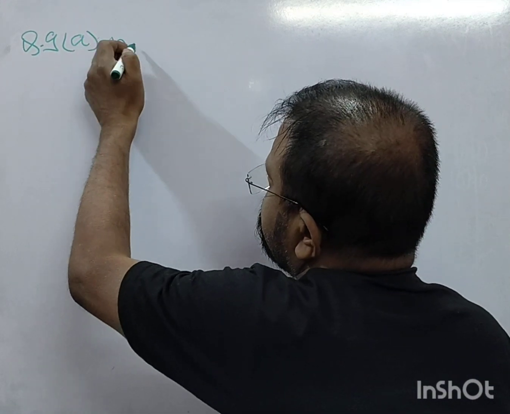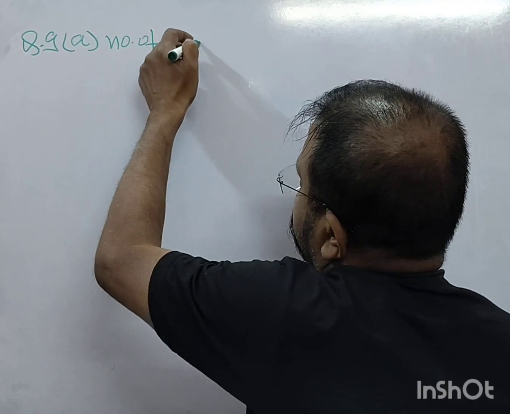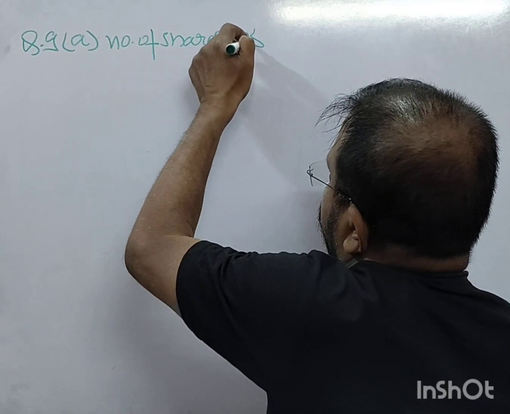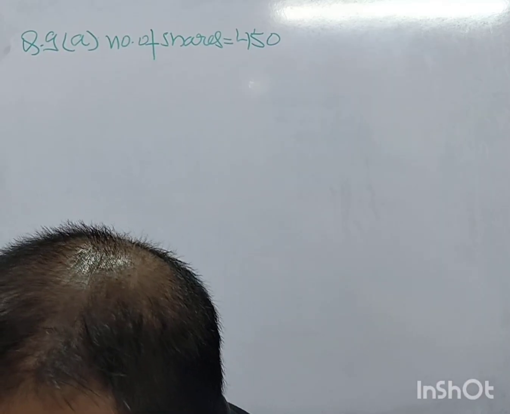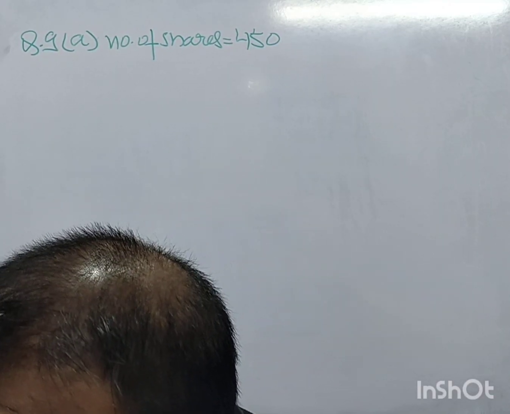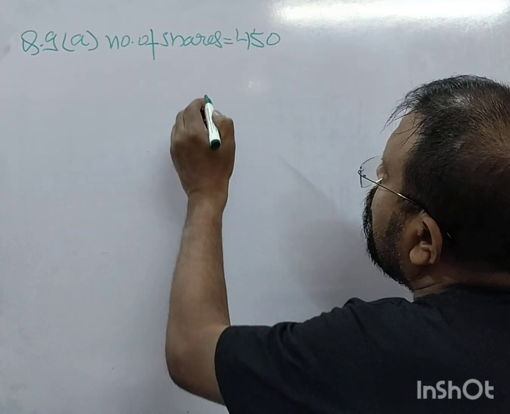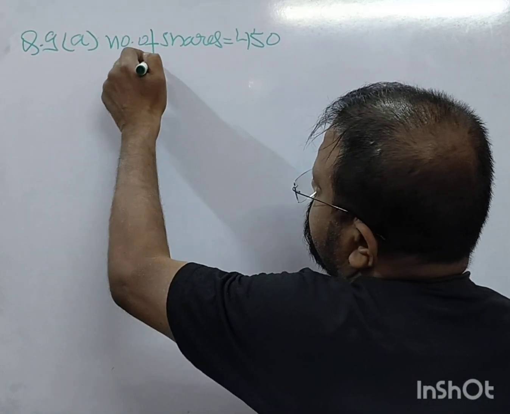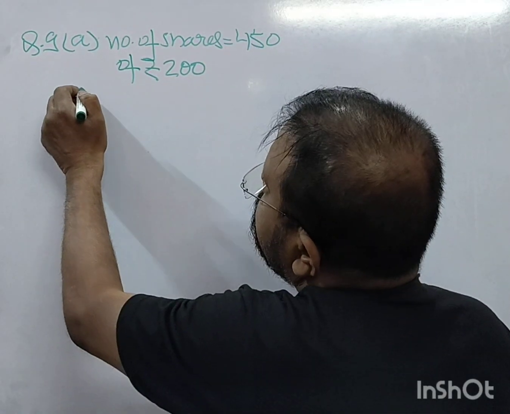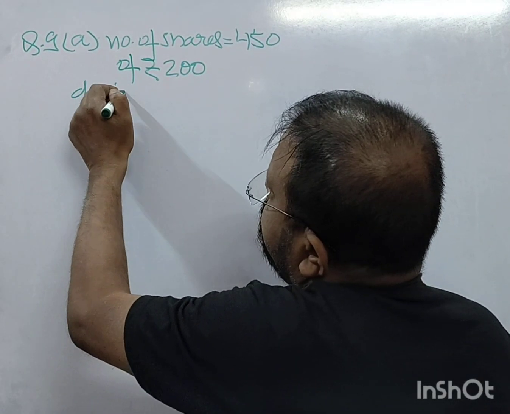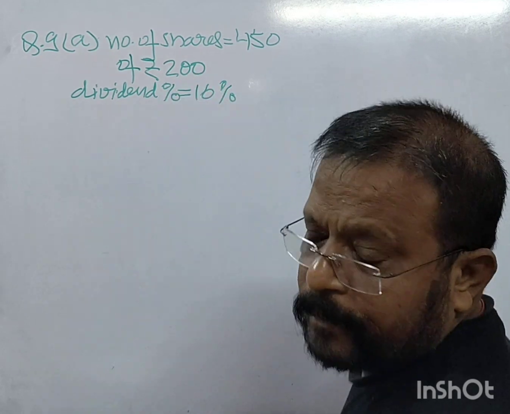Number of shares is equal to 450, of rupees 200 each. Dividend percent is equal to 16%.